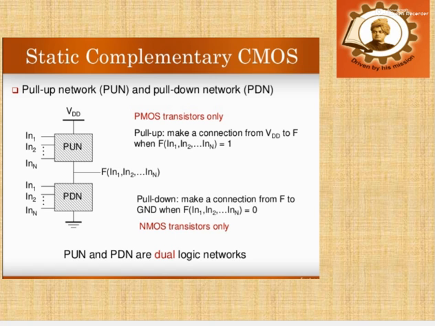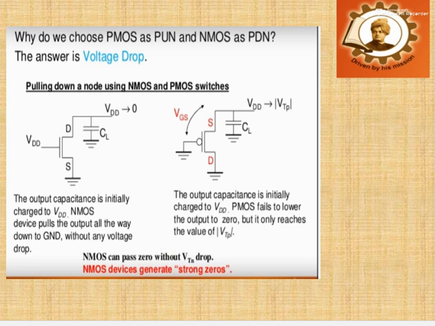The first figure shows that the output capacitance is initially charged to VDD. The NMOS device pulls the output all the way down to ground without any voltage drop. So NMOS can pass 0 without a VTN drop, and the NMOS device generates a strong zero.